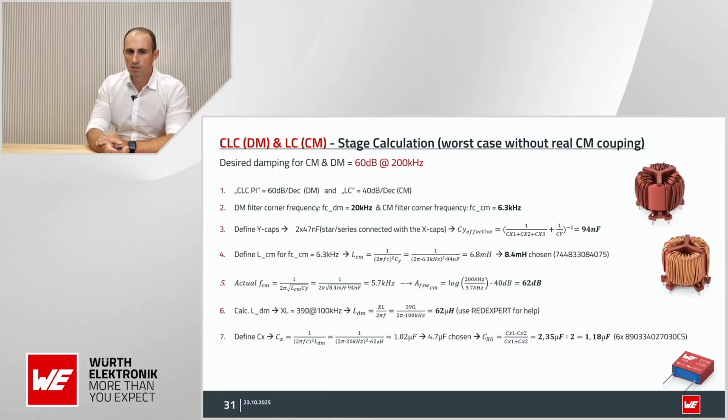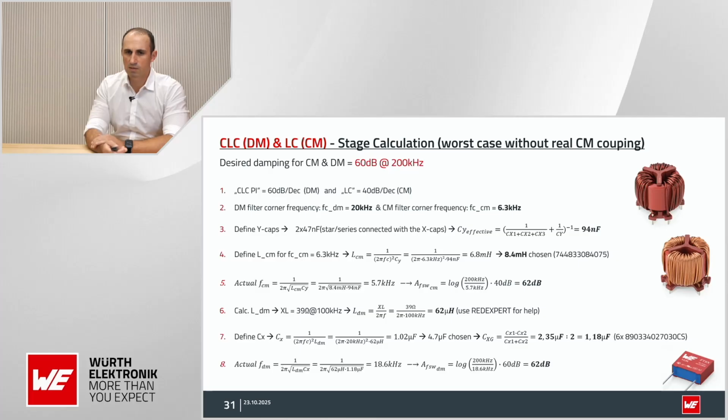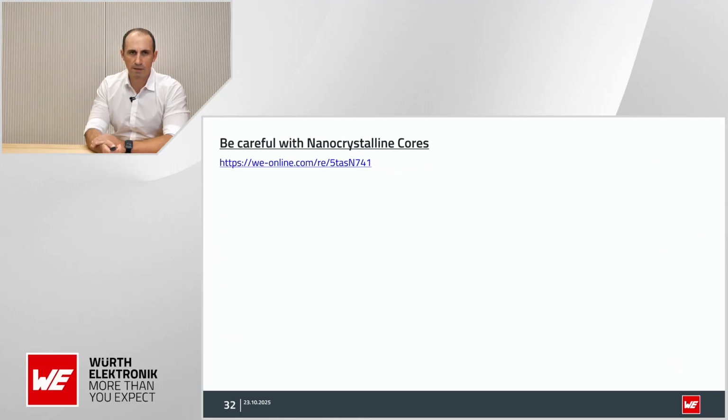But we must choose a 4 times bigger capacitor, because we have to divide it 2 times by 2, because we are connecting them in a star connection, and we have them in the pi structure also in series. So the end result is 1.18 microfarad, and this gives us the damping of roughly 4.62 dB.